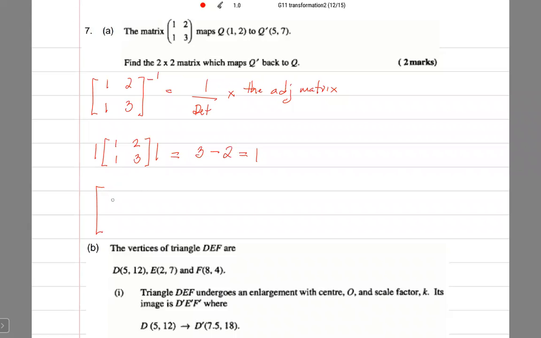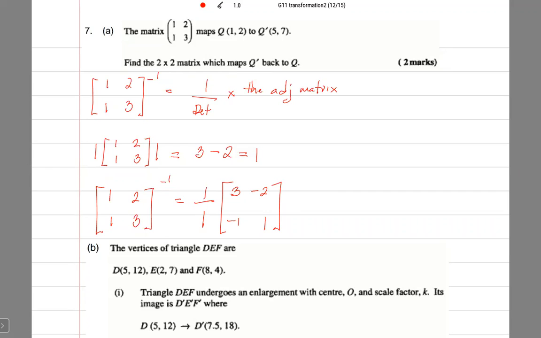So the inverse would be 1 over the determinant, which is 1, times the adjoint. For the adjoint, you switch around the 1 and the 3, so the 3 comes up here and the 1 goes down here. The 2 and the 1 stay where they are, but their signs change, so minus 2, minus 1.